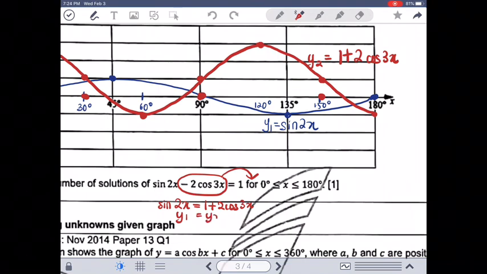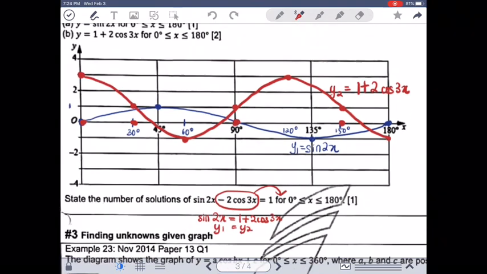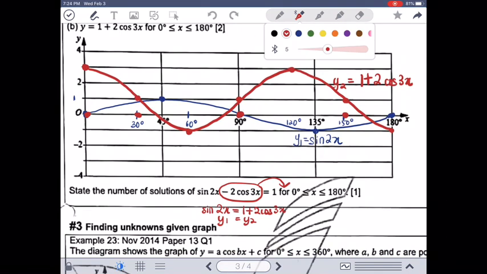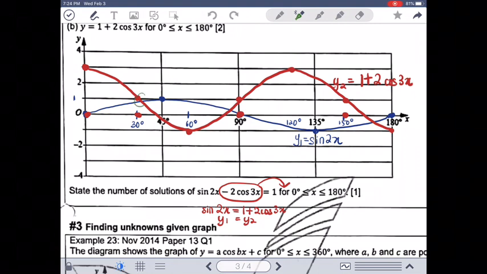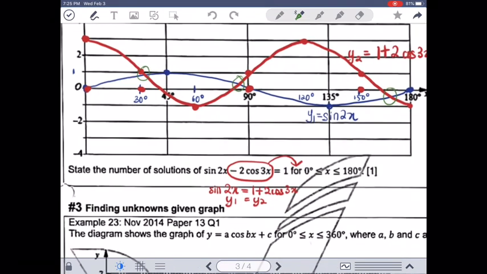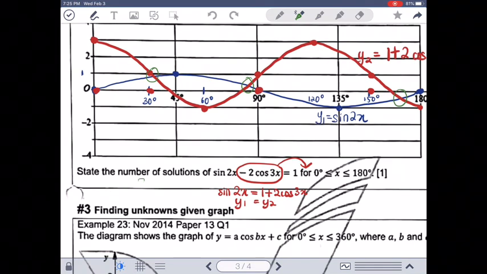So state the number of solutions when y1 equals y2. Which means, at how many points do both graphs intersect? We have one here and one here and another one here. So the number of solutions should be 3.